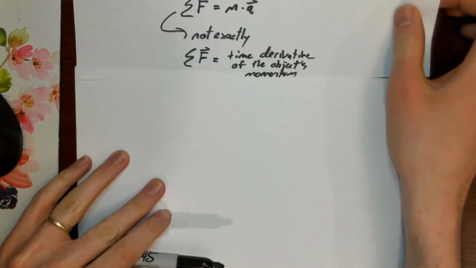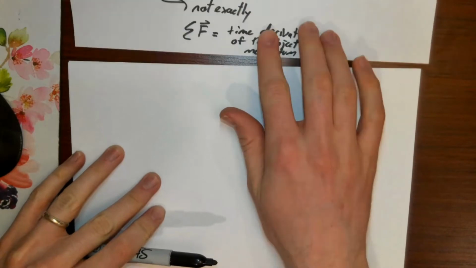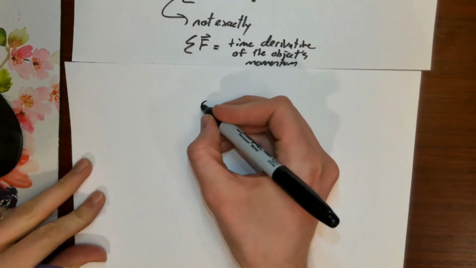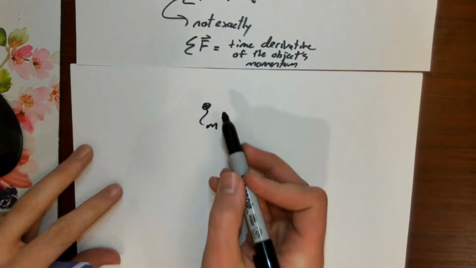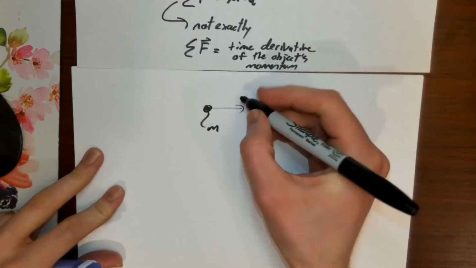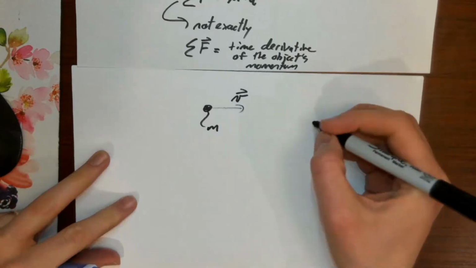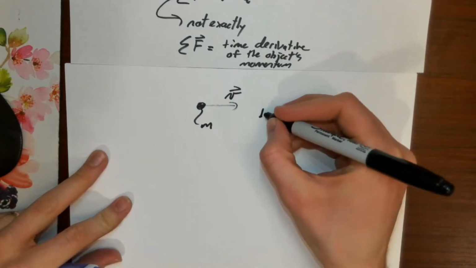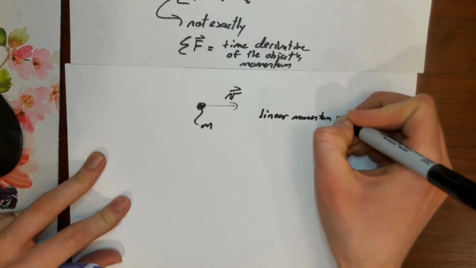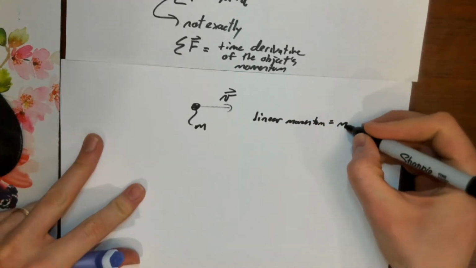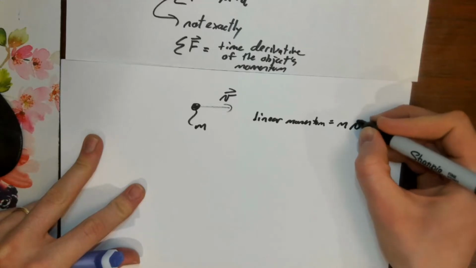So if I think about the linear momentum of a particle, I'm thinking about some chunk. This particle maybe has some mass, maybe it has some velocity. The linear momentum is equal to the mass of that object times that object's velocity.